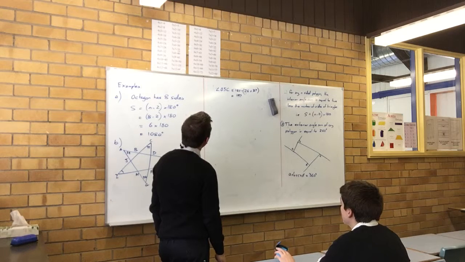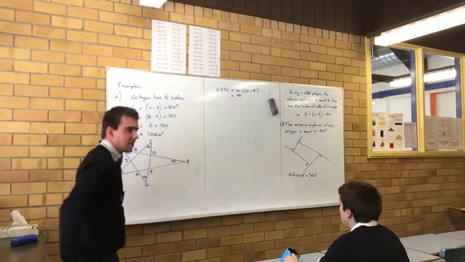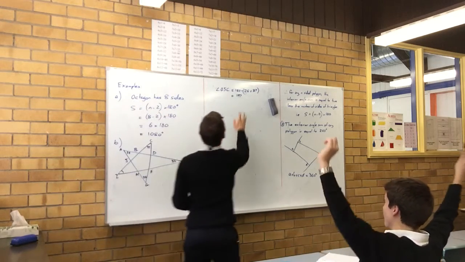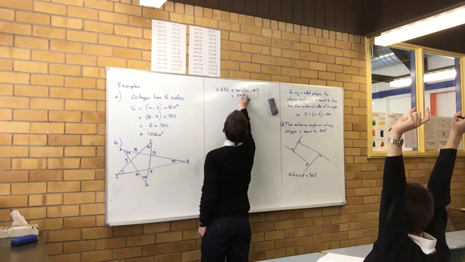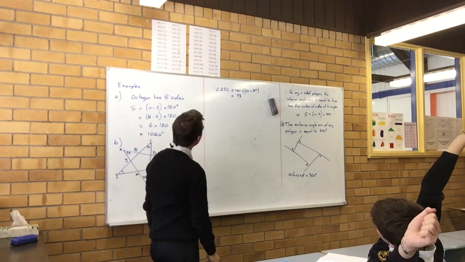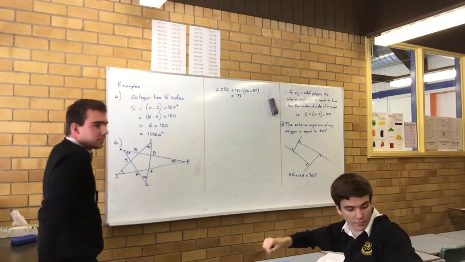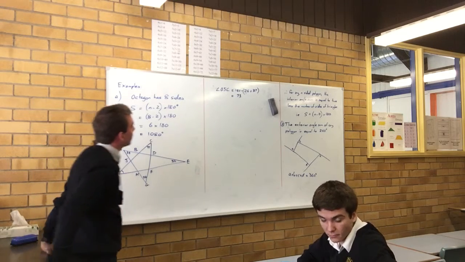Wait, 180 minus a sum can't equal more than the original. Isn't it 117? I can bust out the calculator. Because it's 63. 180 minus 63.